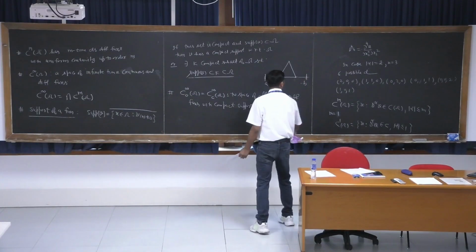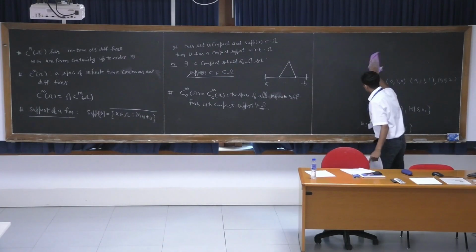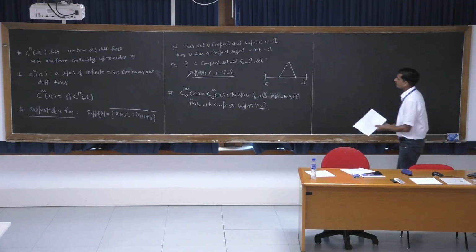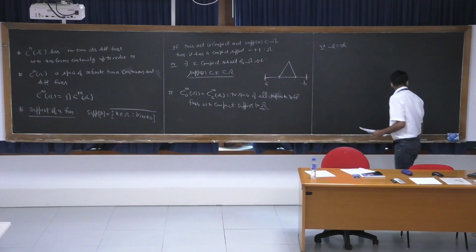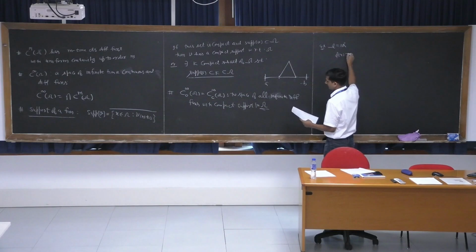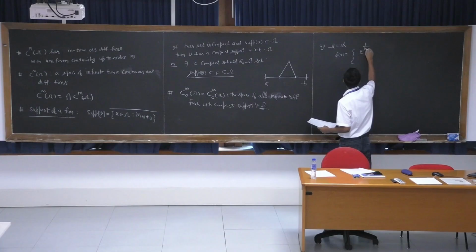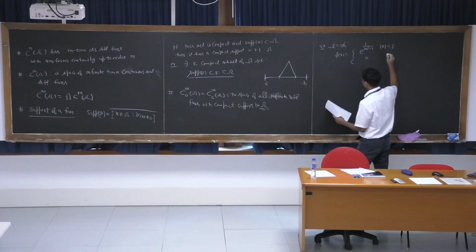I can give one more example of this, if you want to see. The domain is R, and the function phi of x is equal to e to the power minus 1 by (1 minus x square) for mod of x less than 1.